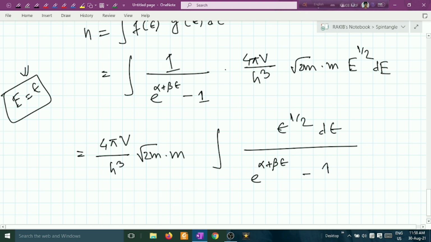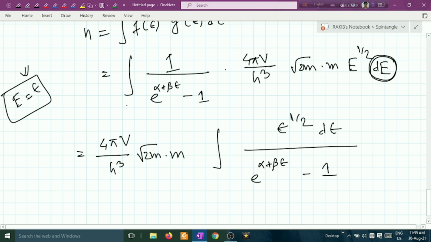Beta E minus 1. Now you have to solve this integration. Here the integration is on this factor. This is the argument of the integration, that is the function on which the integration depends.